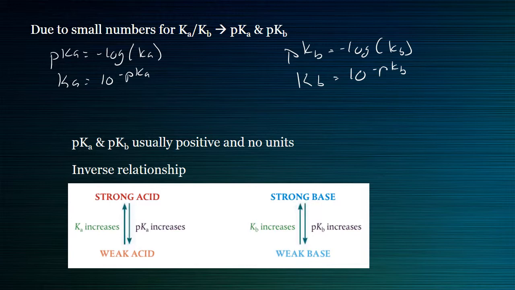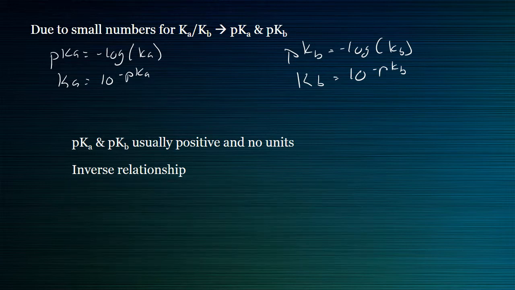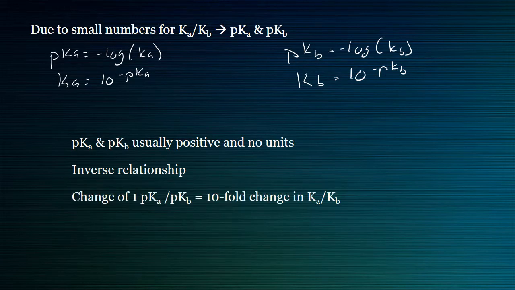Because Ka is a representation of dissociation, the lower your pKa value, the higher your dissociation. Just like with pH and pOH, a change of one in your pKa or pKb is a tenfold change in your Ka or Kb. It's no different, it's just Ka versus H and OH.